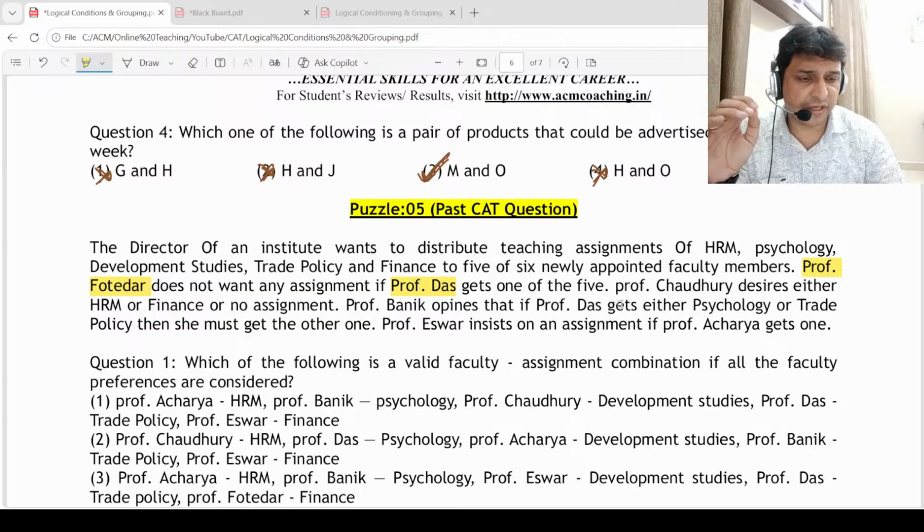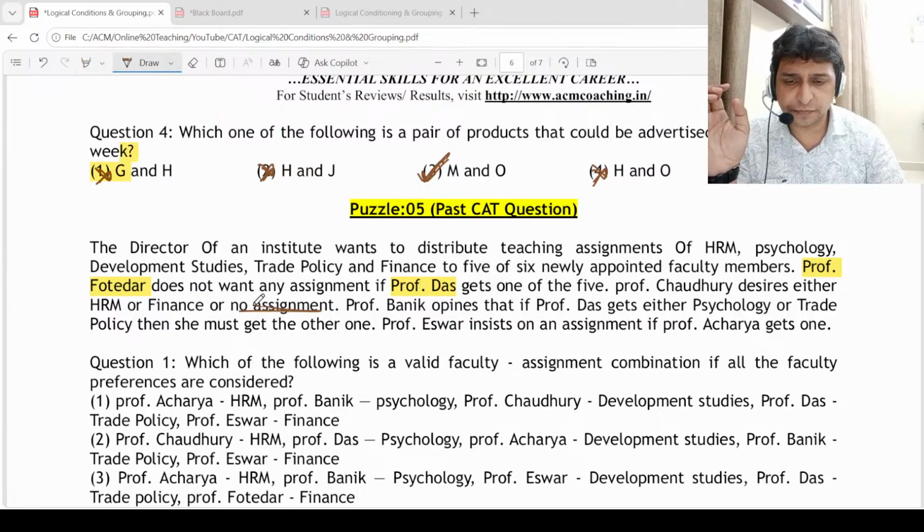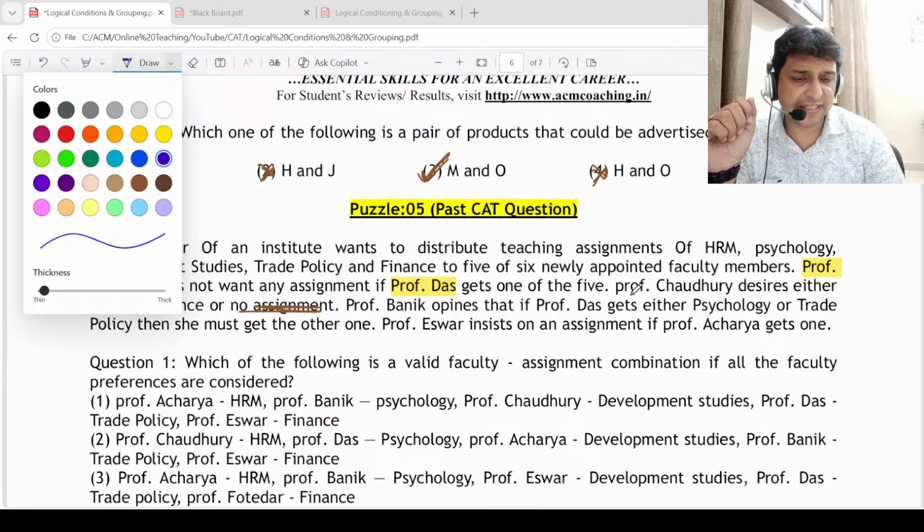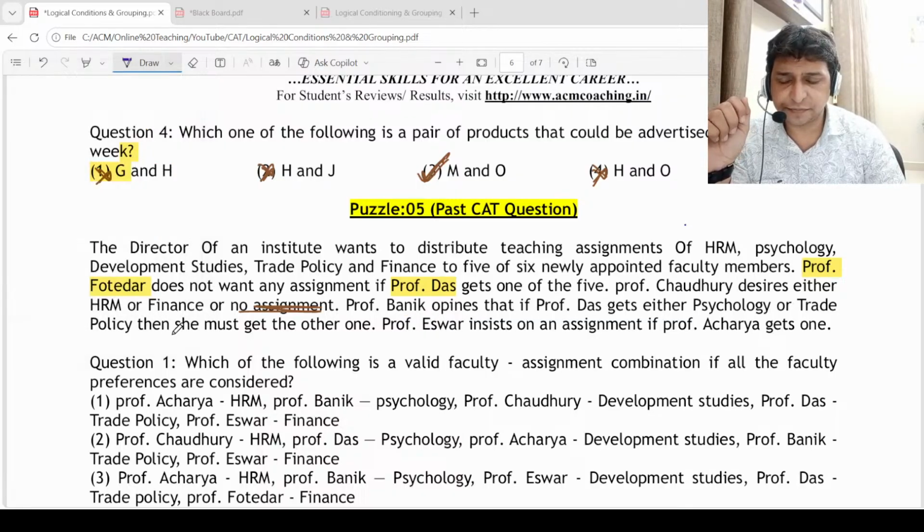Professor Chaudhary desires either HRM or finance or no assignment. That means this no assignment option will not be there because we can't afford that. Professor Bonik opines that if Professor Das gets either psychology or trade policy, then she must get the other one. Professor Ishwar insists on an assignment if Professor Acharya gets one.